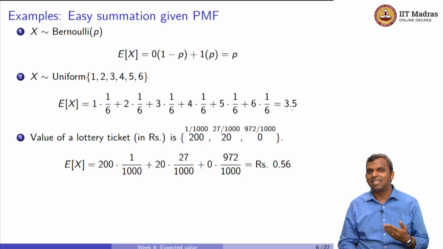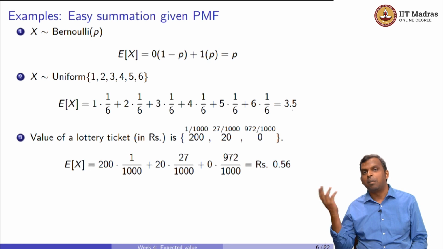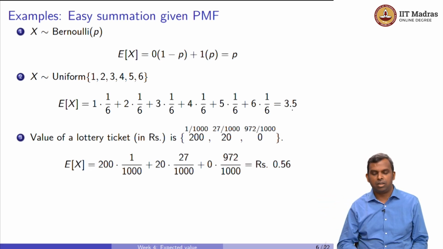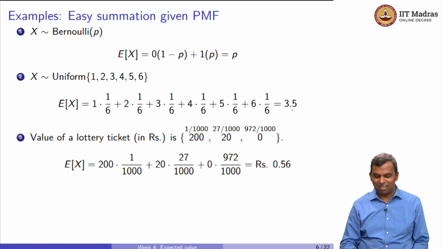So unless the lottery is 50 paisa or lesser, you're not going to gain. Even if the lottery is 2 rupees or 5 rupees, you're going to lose because your expected gain is only 0.56 while you would have spent so many rupees in getting the lottery ticket. Okay, so these are very important calculations. Before you buy a lottery ticket, you better do this calculation and know what the expected value is.